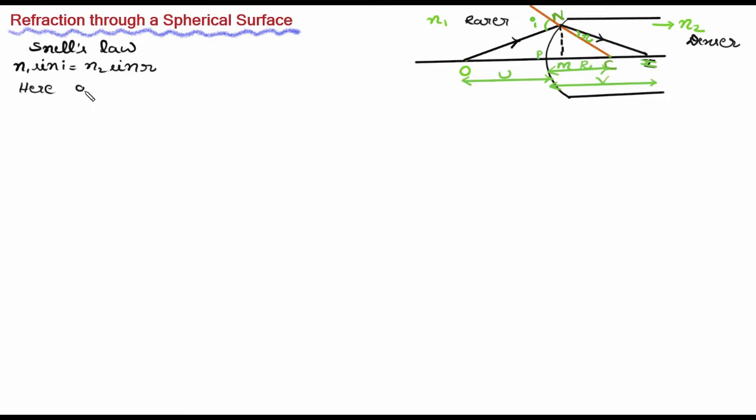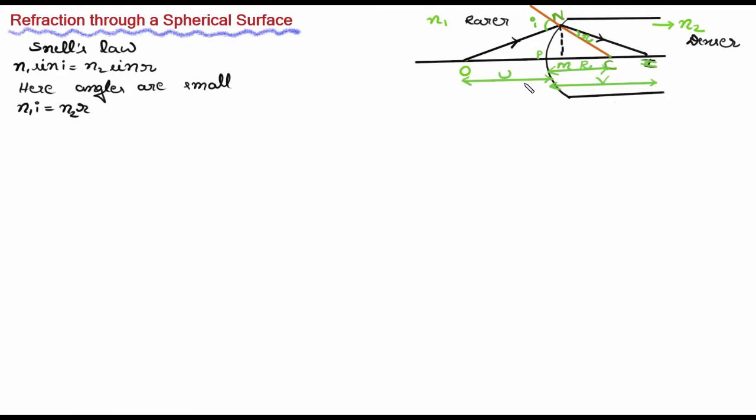Here the angles, for example, the angle of incidence, angle of refraction, etc. are very, very small. Okay, so if the angles are very small, this equation can be written as n1 i is equal to n2 r. So keep this in mind.